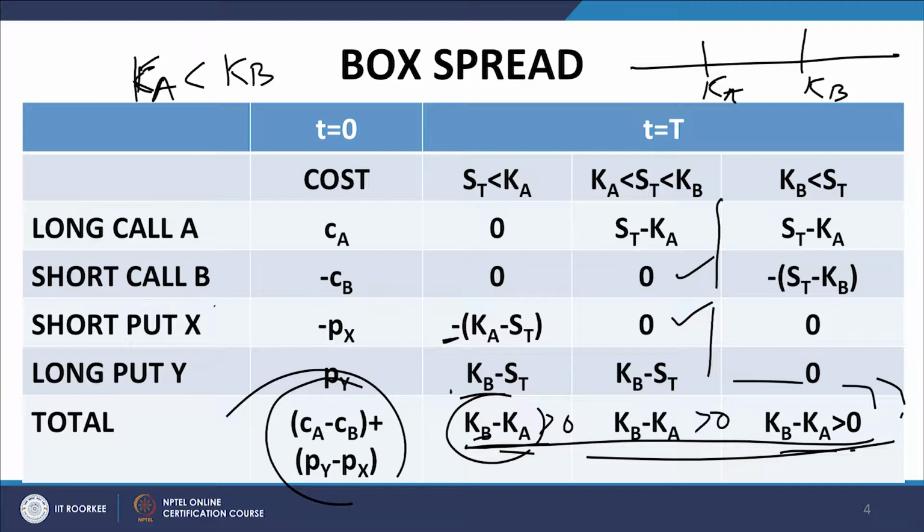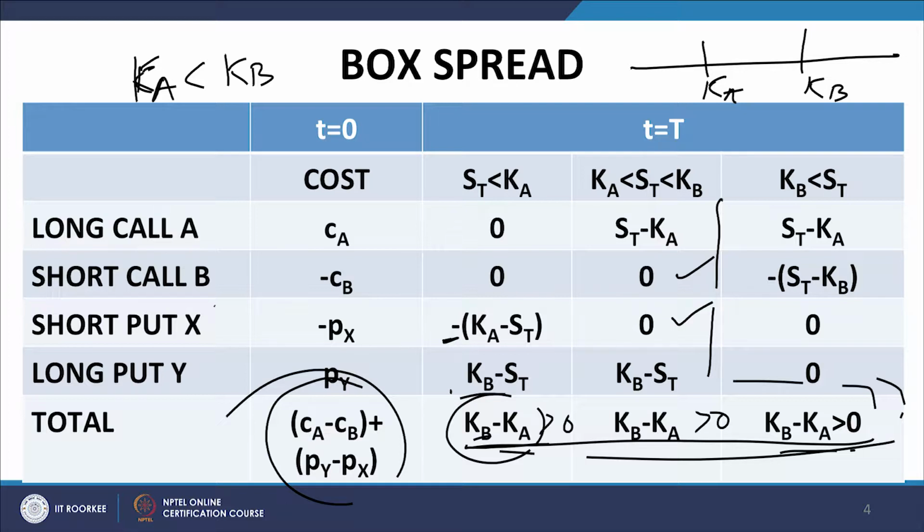So there is a minus sign here and the payoff is going to be Ka minus St. And the long put is also going to be exercised because it is exercisable at Kb and the stock price is lower than Kb, therefore it would be profitable to exercise the long put Y and the payoff that you will be getting is Kb minus St. The aggregate payoff, if you look at this, turns out to be Kb minus Ka.